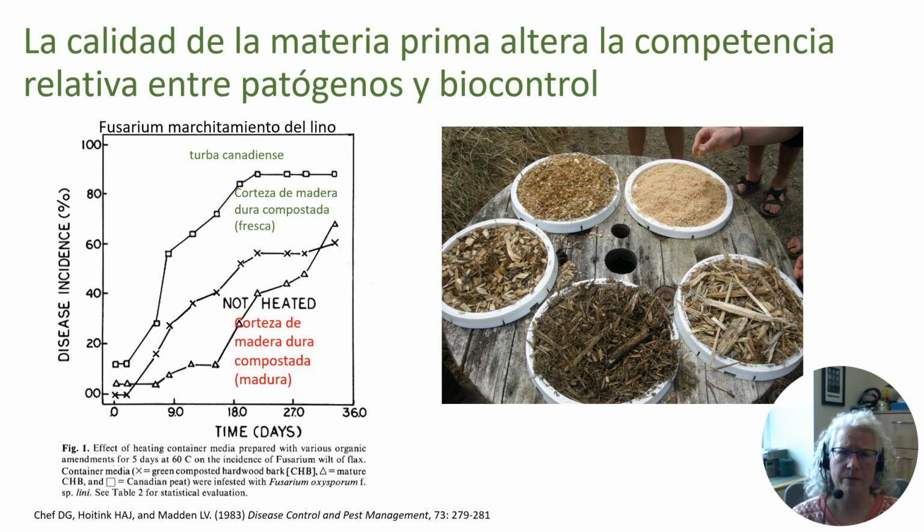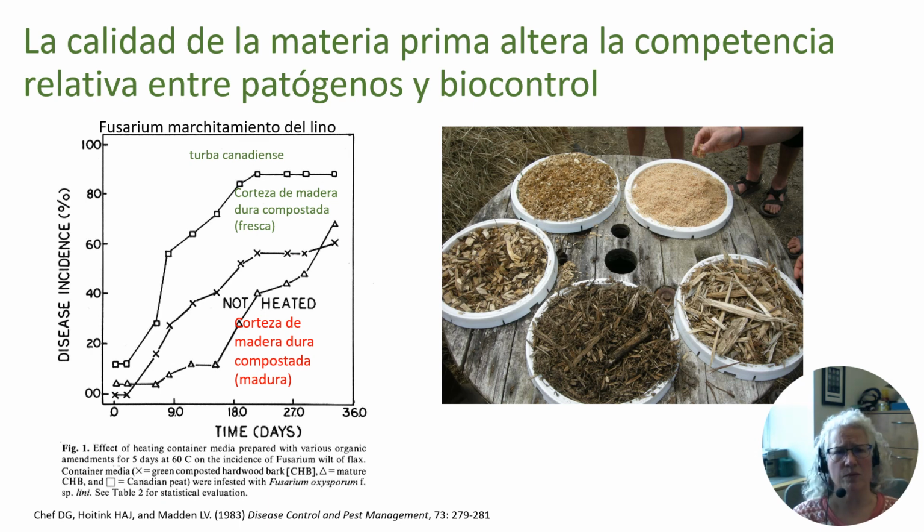This led to development of a compost recipe containing hardwood bark. Hardwood bark contains complex chemicals that are antagonistic to the pathogen. Now, if this compost was fresh and young, there was some disease suppression, but it was much more effective if the material was allowed to mature.